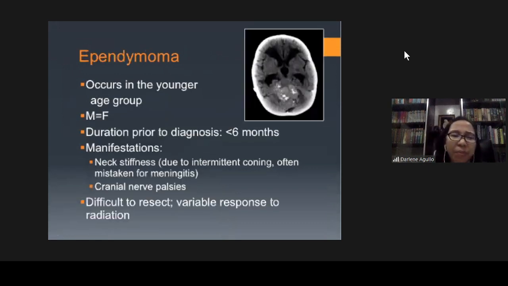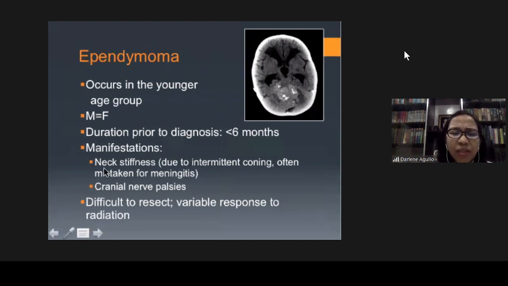Next is ependymoma. This occurs in the younger age group. No sex preponderance. The duration of symptoms prior to diagnosis is also less than 6 months. Medyo mabilis din. Ependema. So imagine yung saan yung ependema.